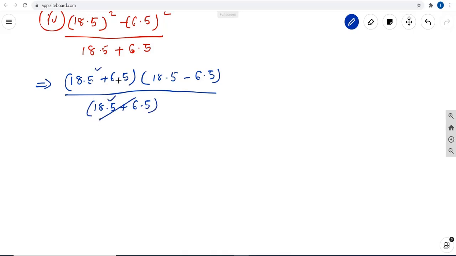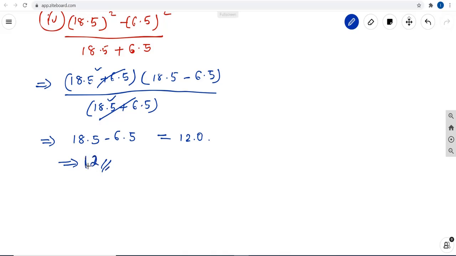So we can cancel these two terms. If you cancel this, what is left? 18.5 minus 6.5 is left. Now you subtract this. If you subtract this, how much are you going to get? 12.0. So the answer is 12. So this is the solution for question number 4 in your problem number 20.